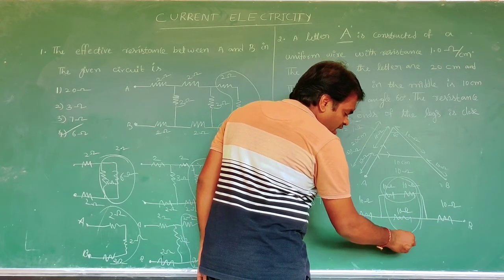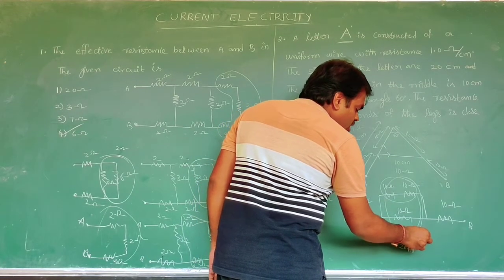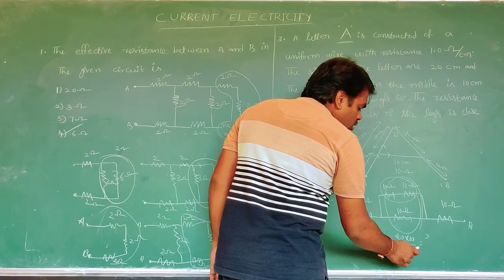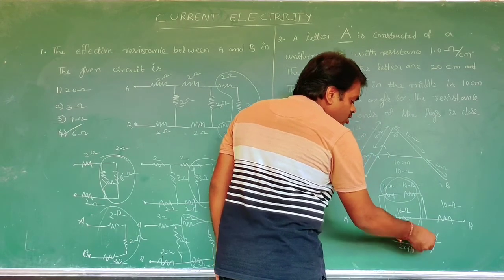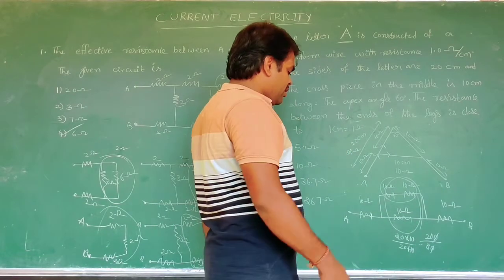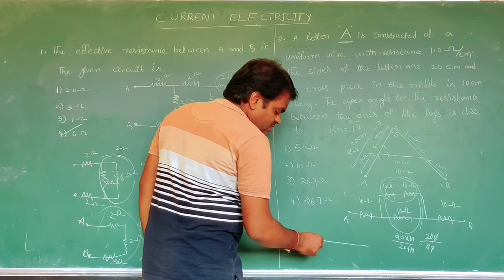That's why 20 into 10 by 20 plus 10. Then what you got? 200 by 30. Cancel, 20 by 3. Then modify this, simple like this.